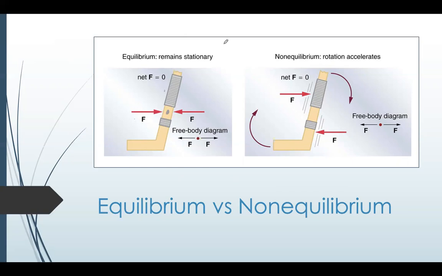But what if we have the same amount of force, but now at different points of this hockey stick? We have this point here and this point here, two different points. The free body diagram would look like this.